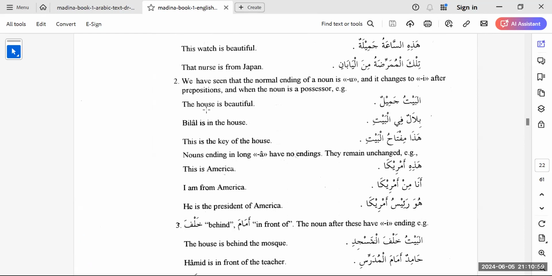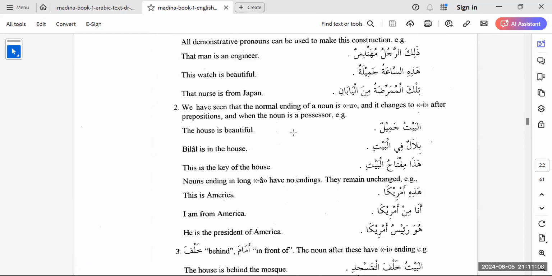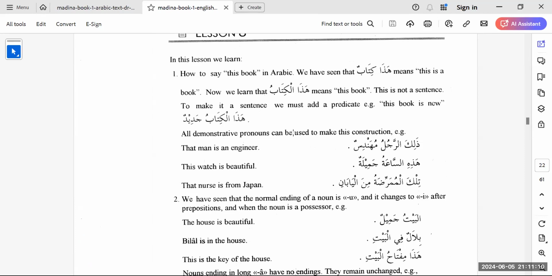We've learned how we can call different things. But now we're gonna learn a couple of other things. So we're gonna add the alif lam and we're also gonna put هذا together. So, for example, we have over here هذا الكتاب جديد. This is the new book, but we're gonna learn something over here.